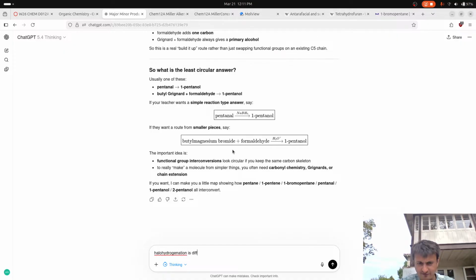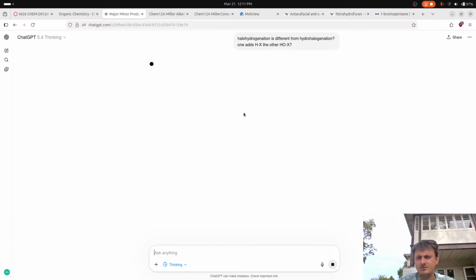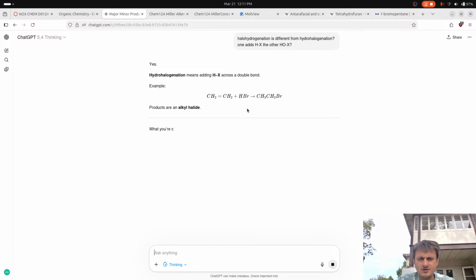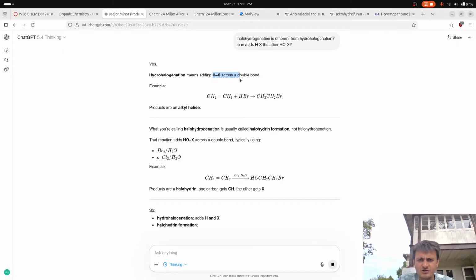One adds HX, the other HOX. Hydrohalogenation means adding HX across a double bond.